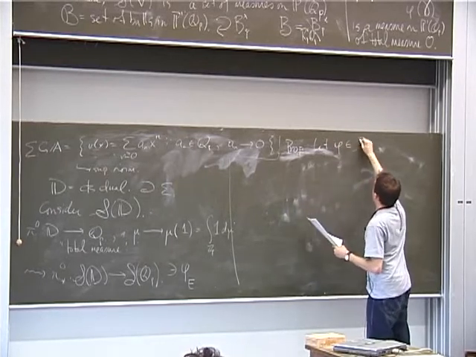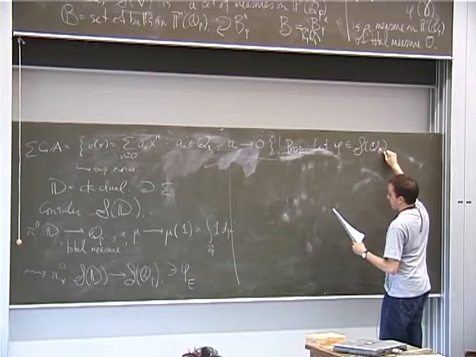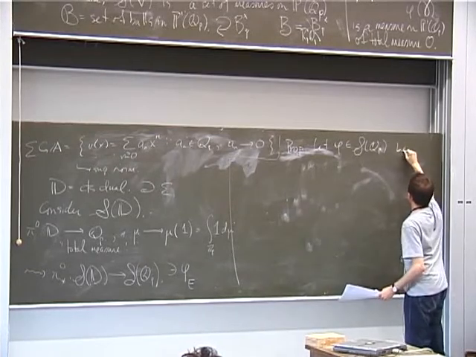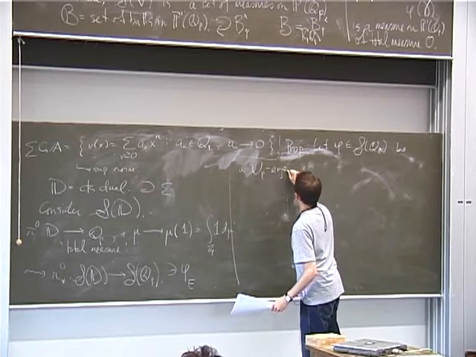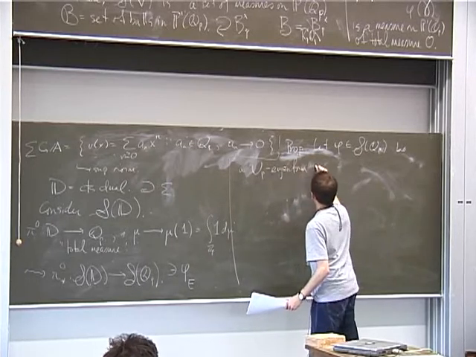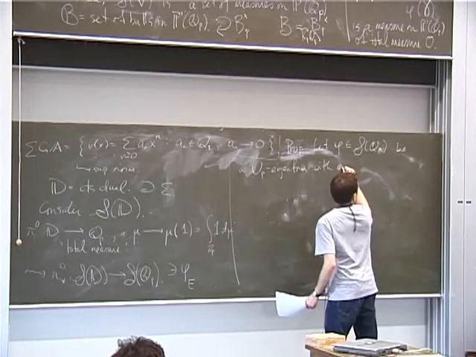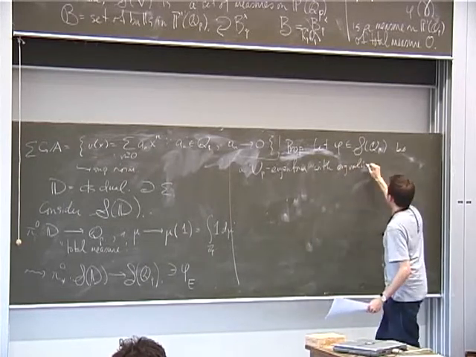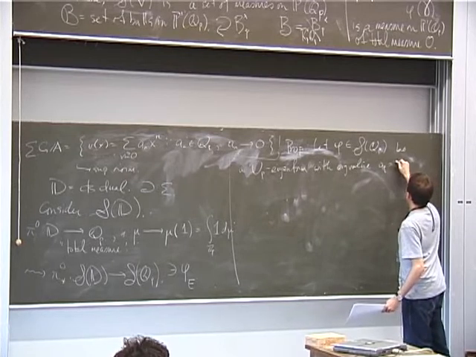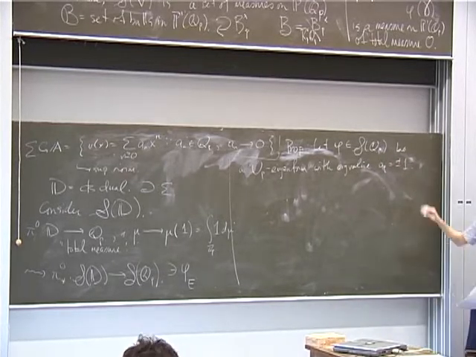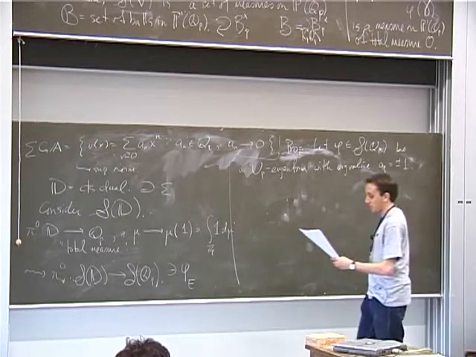Let phi in S of Q_p be a U_p eigenform with eigenvalue a_p equal to plus or minus 1. It could be any p-adic unit. Let me restrict to this case because that's what comes up with elliptic curves.